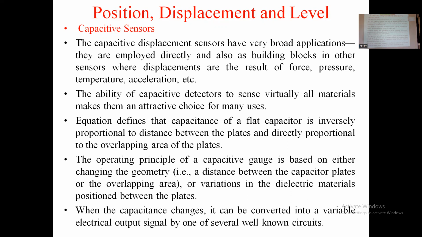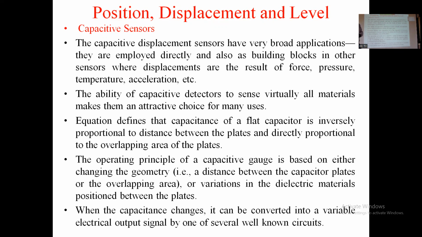When the distance changes, or the cross sectional area changes, there is a variation in the output capacitance of that capacitive sensor, and this capacitance can be converted into a variable electric output.